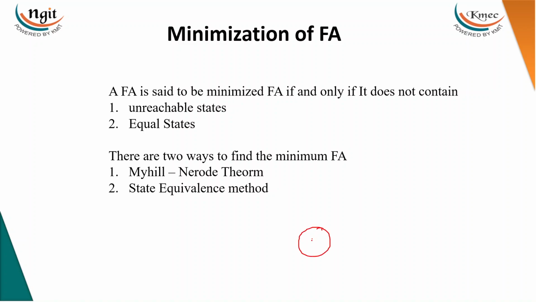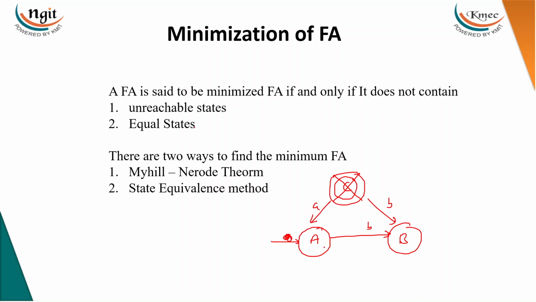From A I can reach B, but I cannot reach C. C is unreachable. Even though it is a final state, something we cannot reach from the starting state is unreachable, so you can delete it.